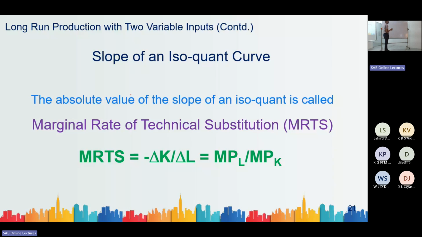To measure the slope of any curve, we can draw tangent lines to those points. If we draw a tangent line to this point, it will look like this, and like this. Similarly, we can draw tangent lines to each and every point on this isoquant curve.